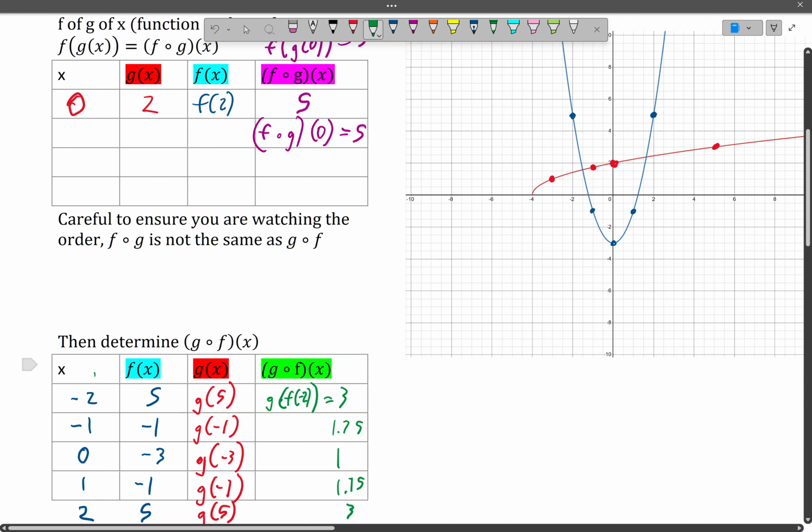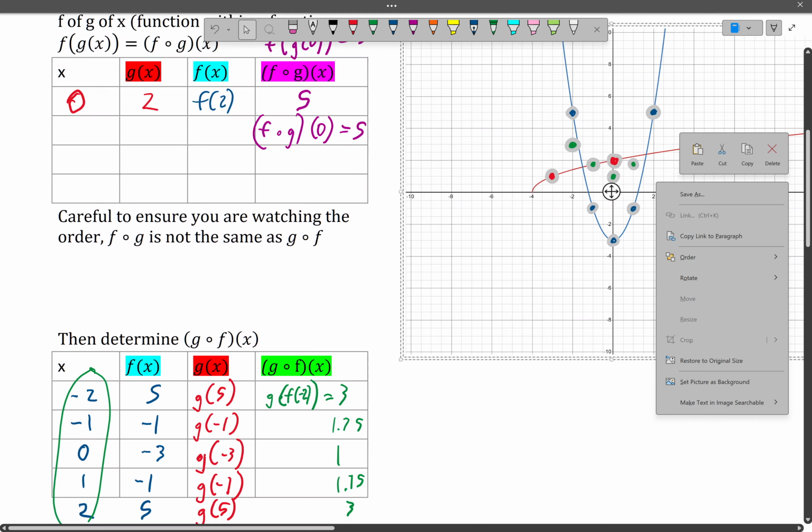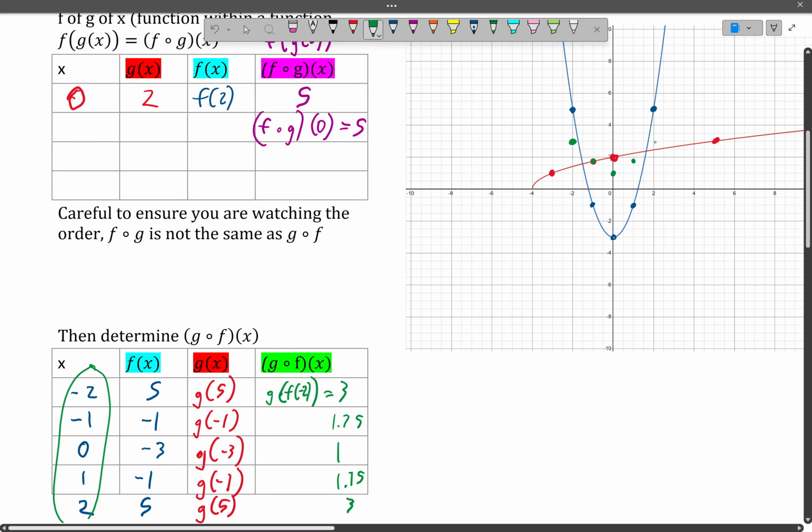So -2 is our x value, and then we have 3. -1 is our x value, and we have 1.75. 0 is our x value, we have 1 or +1.75, and then 2 gives us the 3. So those 5 values in green are the ones that we just found.